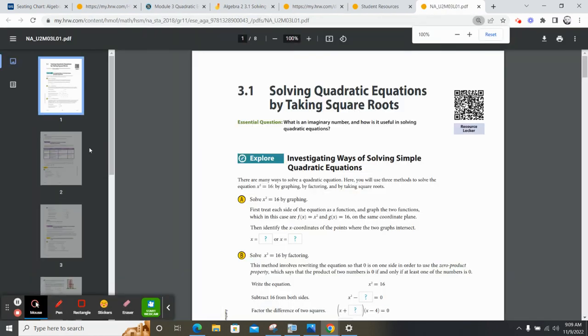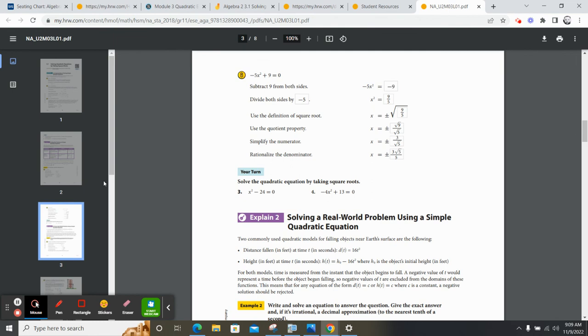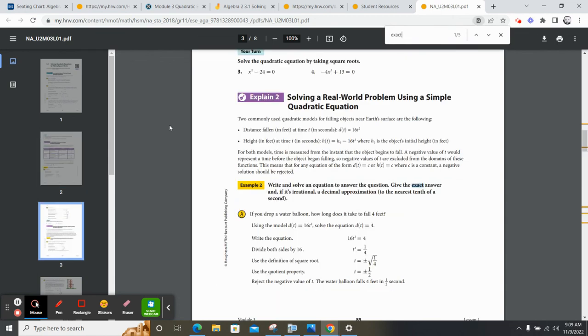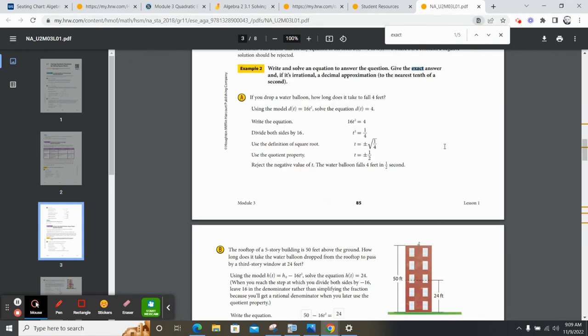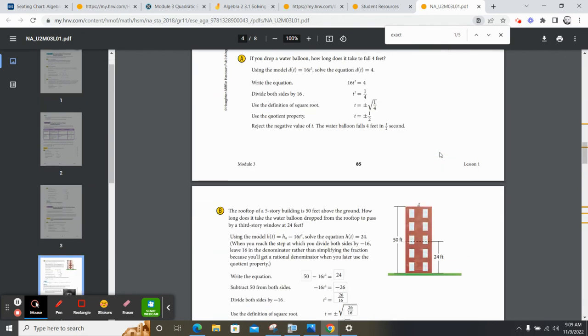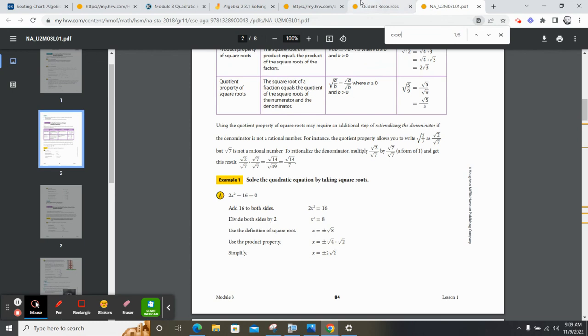When we look in the lesson for exact, example number 2 says give an exact answer, and if it's a decimal thing. So I guess on that one, you just have to ask Mr. Adams, because it's not very clear what an exact value is.